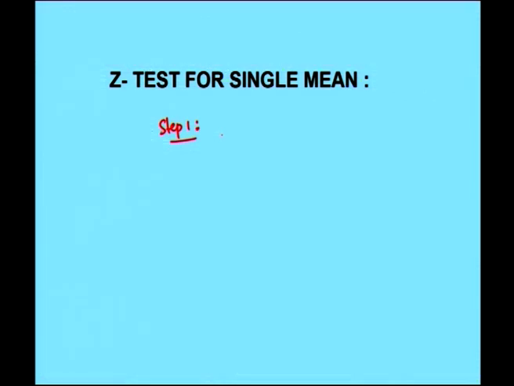Step 1 is setting up H naught. These are all standard statements. H naught is set up as mu is equal to the population value, which is taken from the question and written here. Then step 2 is H1.